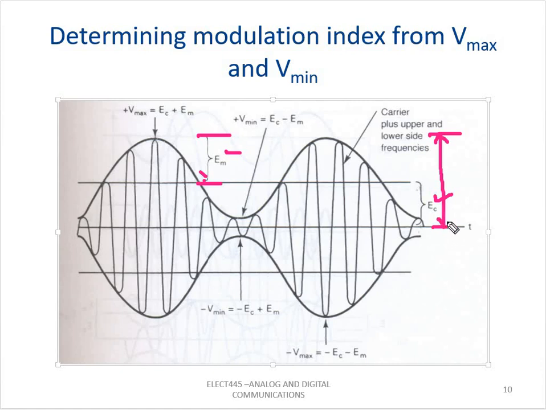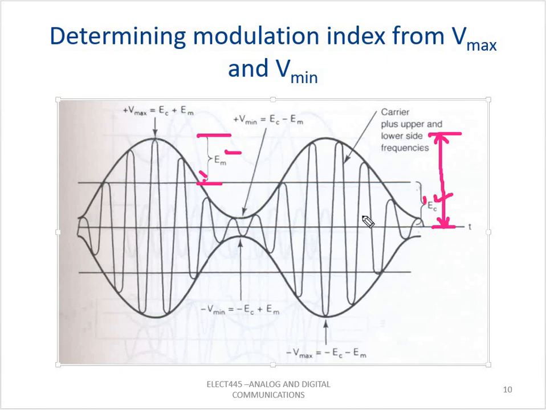You can determine it from your own understanding. What is Vmin? You can see here EC minus EM. Where is EC? This is EC again, and this is EM.